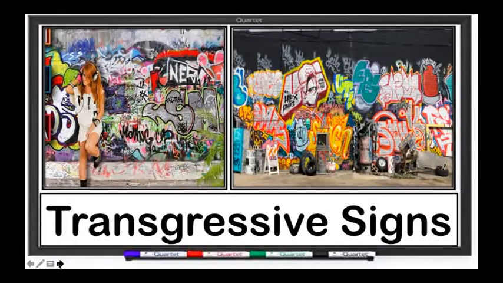Most of the time we see a lot of vandalism, a lot of graffiti art or graffiti writings, wherein if it was not approved by anyone, or no person gave consent for you to create those kinds of art or vandalism in one specific area, those are called your transgressive signs.